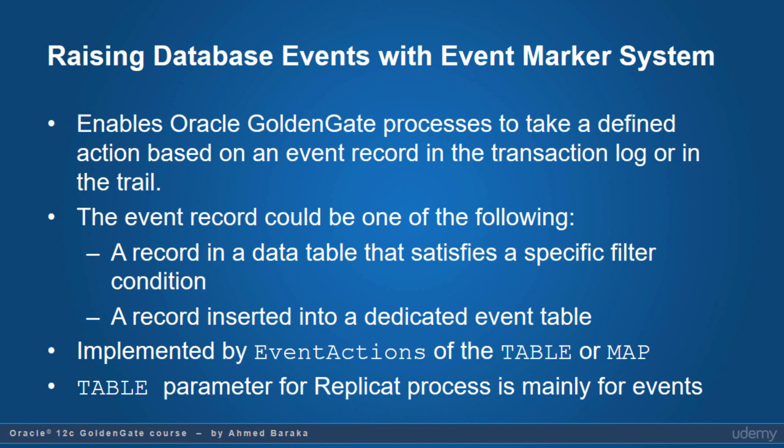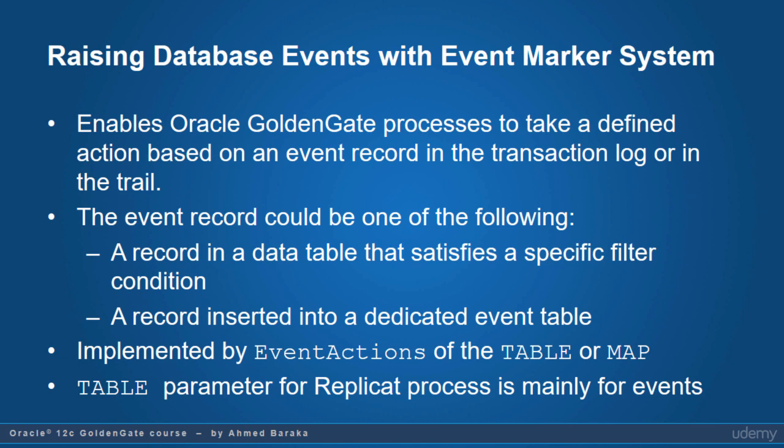As I said in the previous slide, Event Marker System enables the Oracle GoldenGate extract or replicate processes to take a defined action based on an event record in the transaction log or trail file. The event record that triggers the action could be one of the following: a record in a data table that satisfies a specific filter condition.